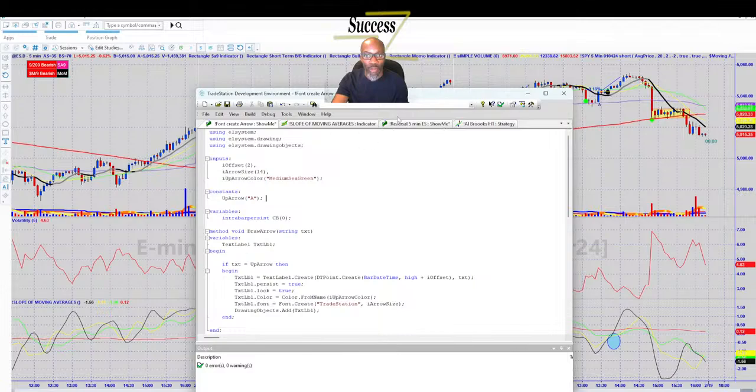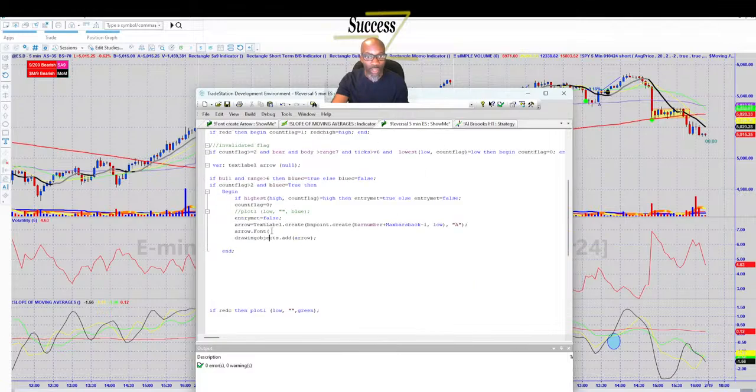So that's pretty much all I was looking for, was arrow.font. So I have to do arrow.font, and then font.create, TradeStation. We'll do it as the same size, I don't know, 14. But the constant, yeah, it was equal to the letter A. Let's see.